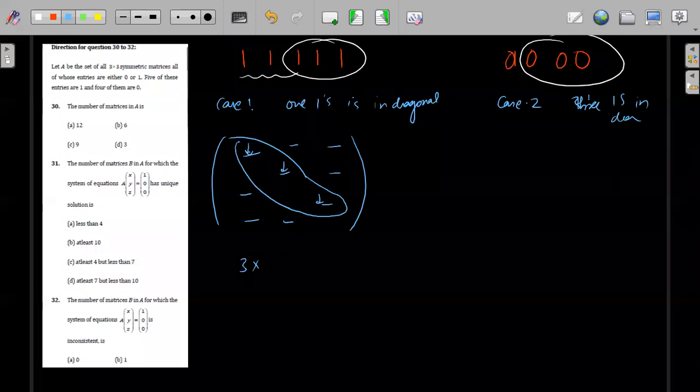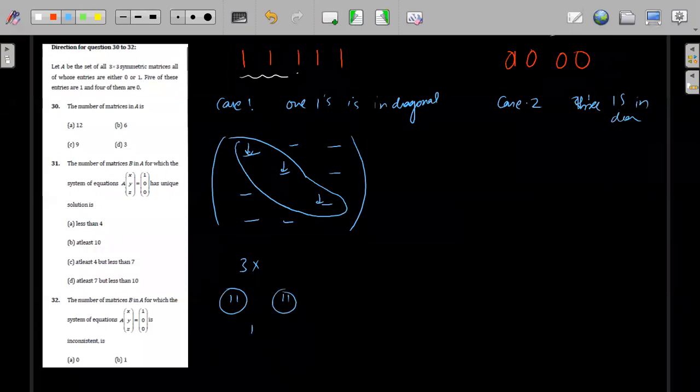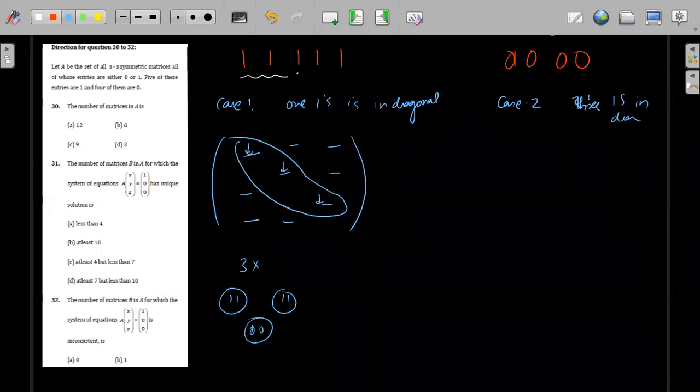Now, how many pairs of 1 are left? If one 1 is already used in the diagonal, then you are left with 2 pairs of 1 and 1 pair of 0. So now you have 3 places, and in these 3 places you can choose any 2 places to fill 1.